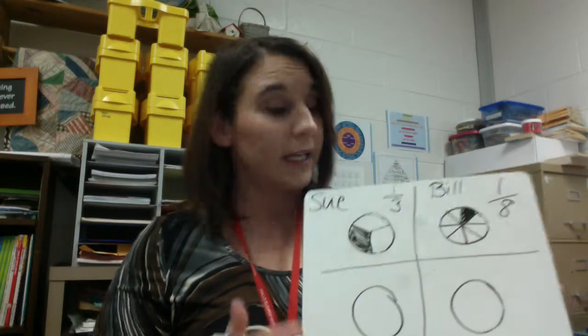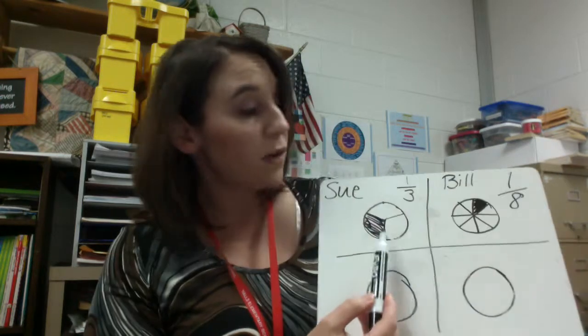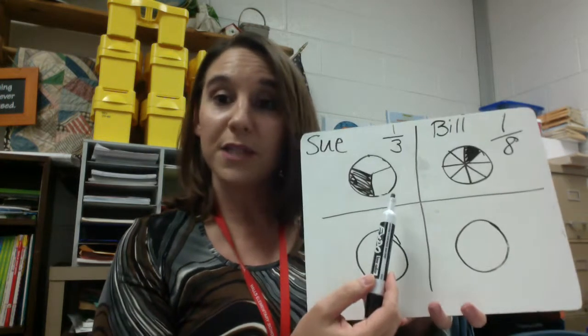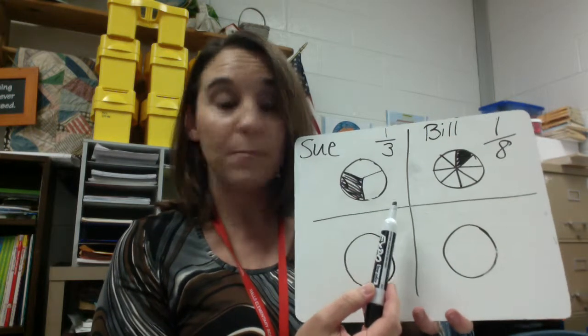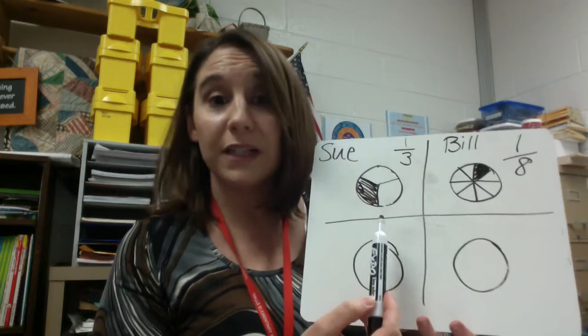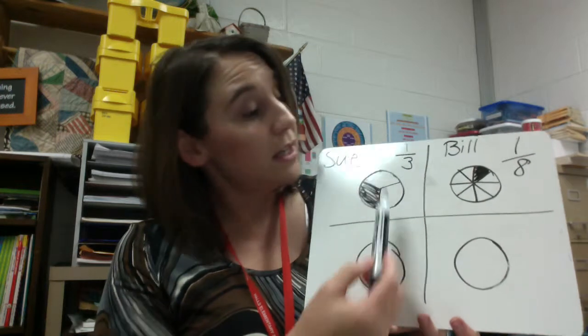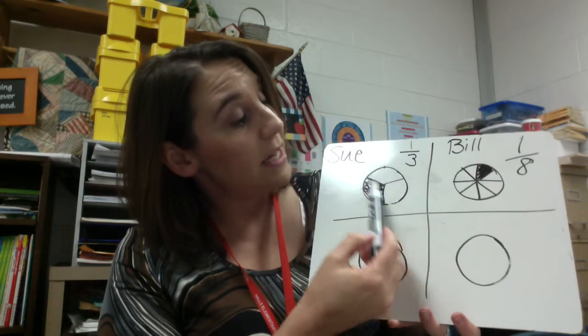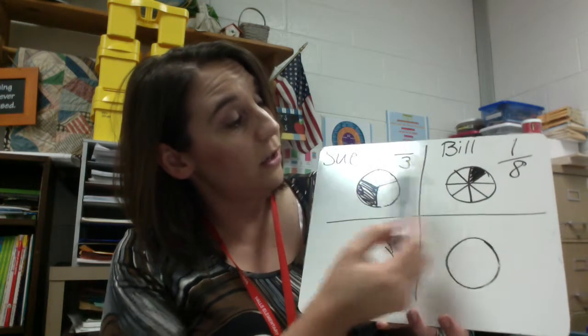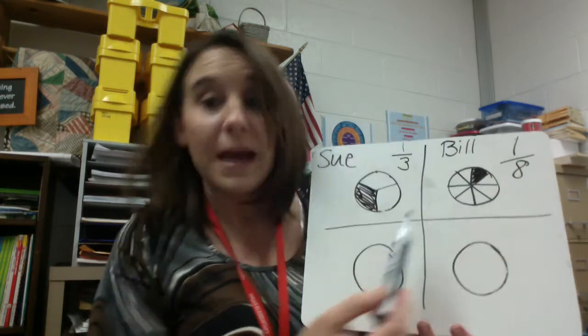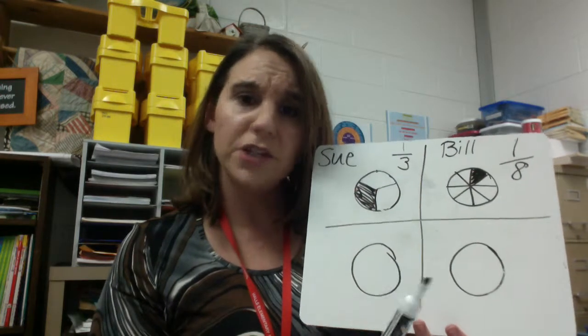What do we know already? Look at Bill's versus Sue's. Whose slice is larger? Who ate more? Sue definitely did. Because look, Sue ate this amount here. Bill ate this amount. If we think about benchmark fractions again, Sue didn't have half.